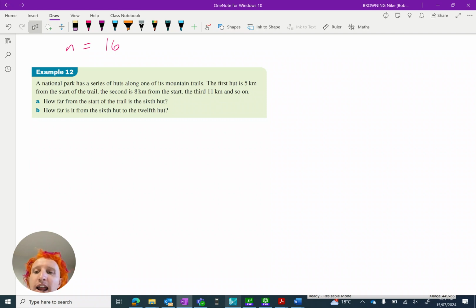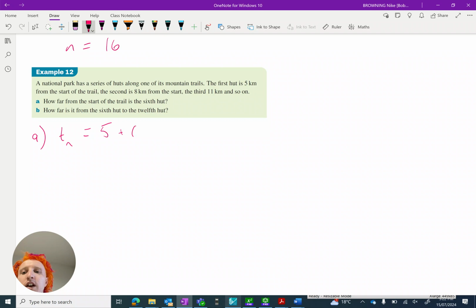So for part A, we need to find what T6 is. For part B, we need to find the difference between T6 and T12. So A, T6. It would be useful if we actually define Tn first. So we know our first hut's at 5, so that's our first point.